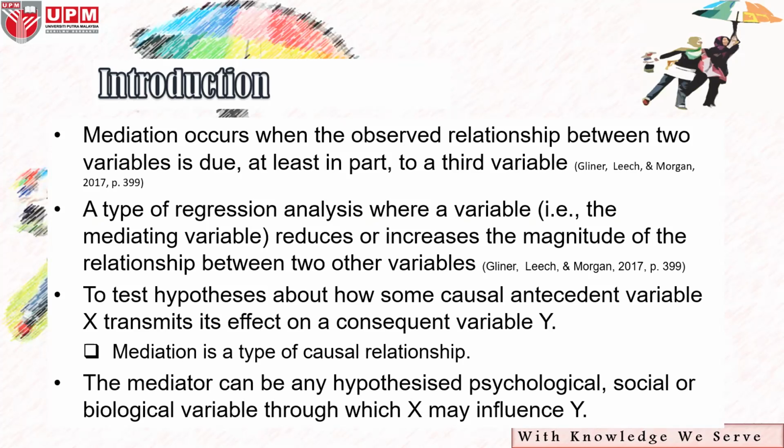Okay, and then the mediator can be any hypothesized psychological, okay, social or biological variable through which X may influence Y. So meaning to say mediator can be any variable. Okay, boleh jadi apa-apa sahaja variable, possible.